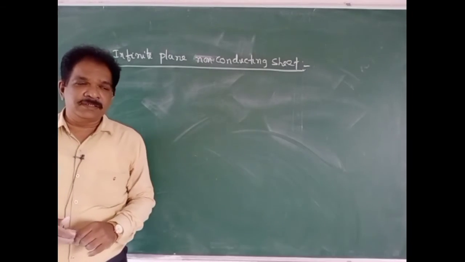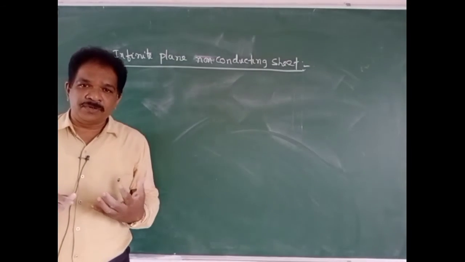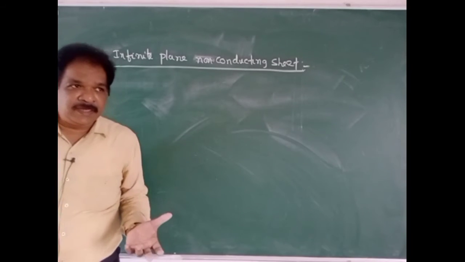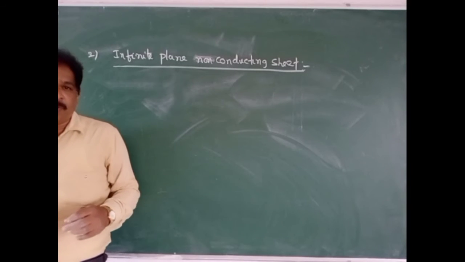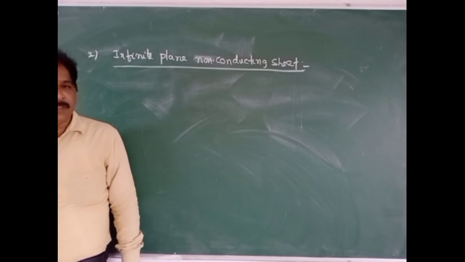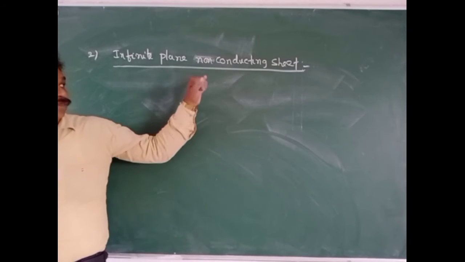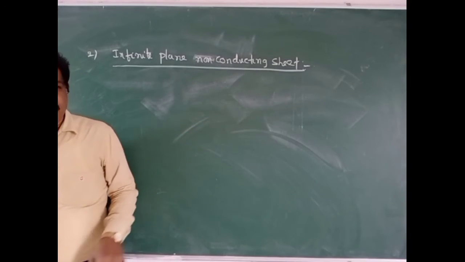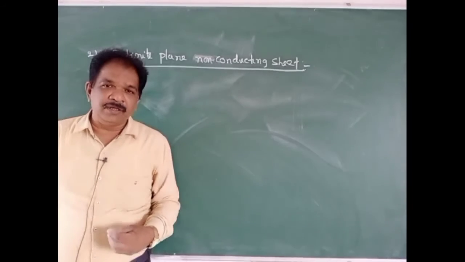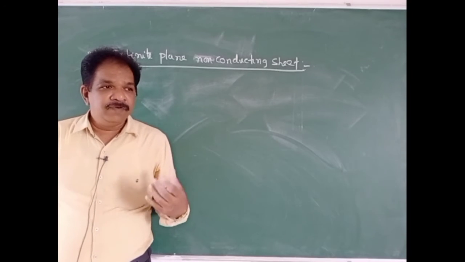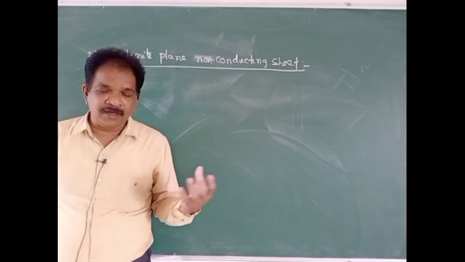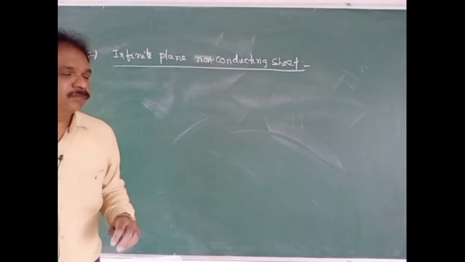Non-conducting means charge will be stored inside the body. Charge residing on the surface of the body is only for conductors. If the sheet is non-conducting, charge will be stored inside that sheet. If it is conducting, charge will reside on the outer surface of the sheet.